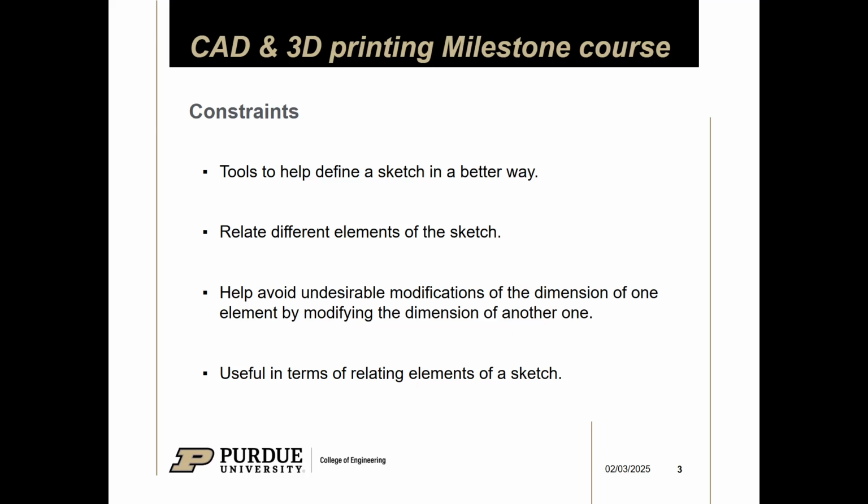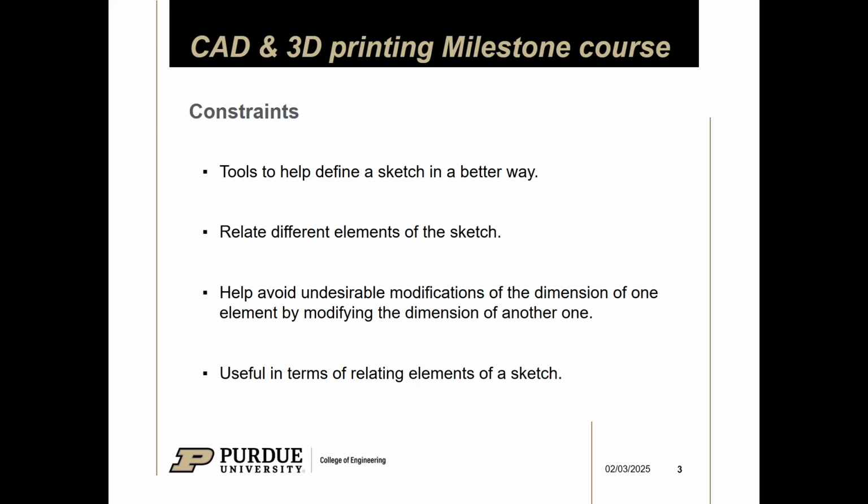Constraints. Last week we talked a little bit about constraints, and we primarily used the dimensional constraint, right? If you remember, we were setting certain dimensions, like this point is this far away from this point, or these two lines are at this angle from each other, or this diameter is this much.